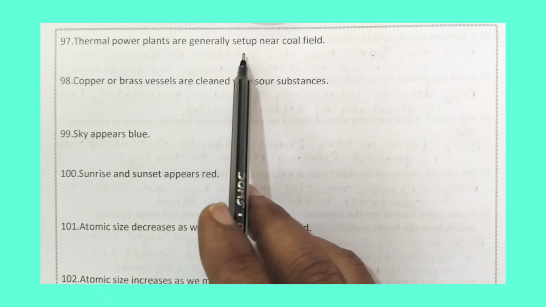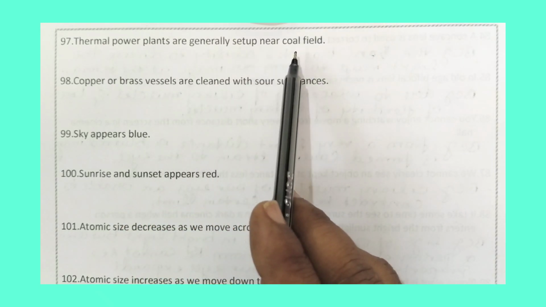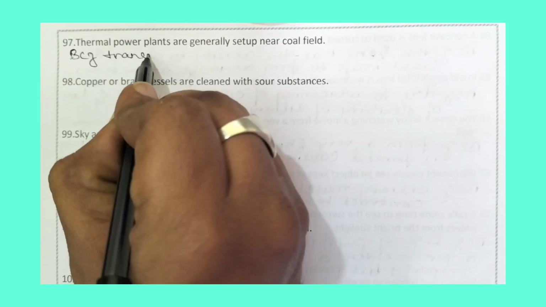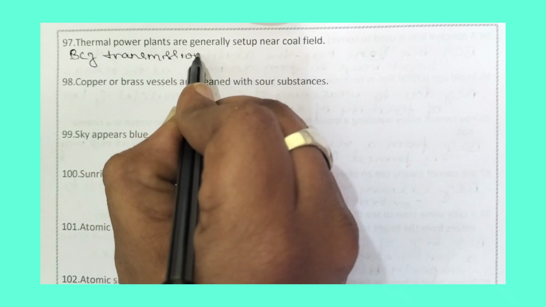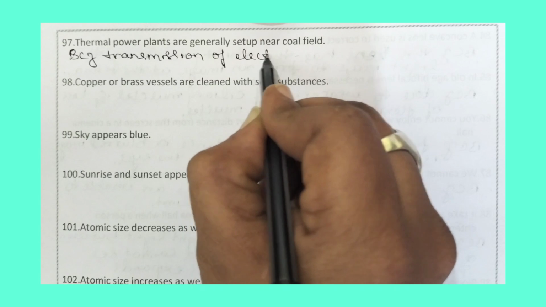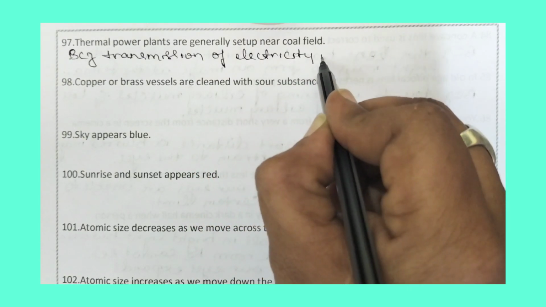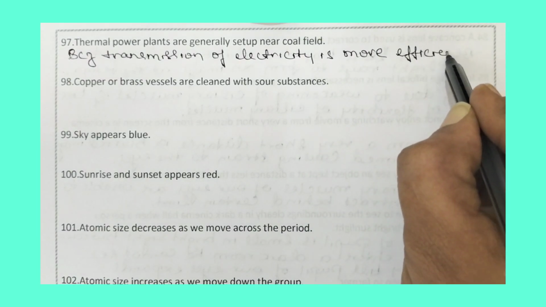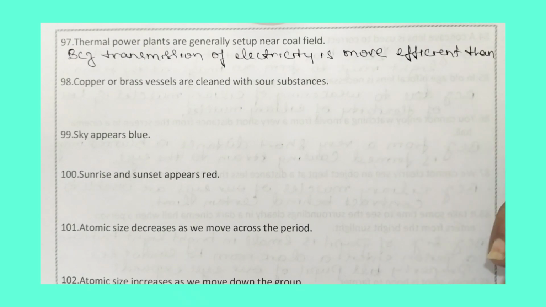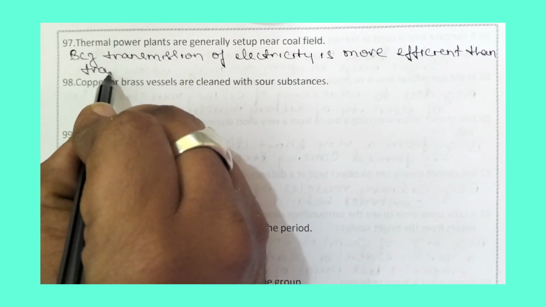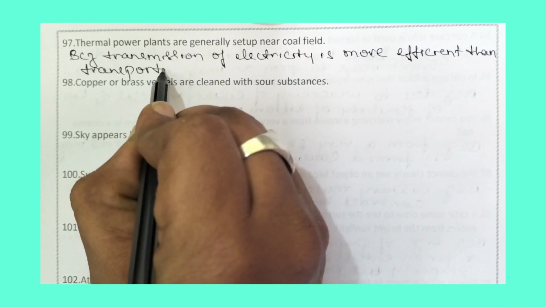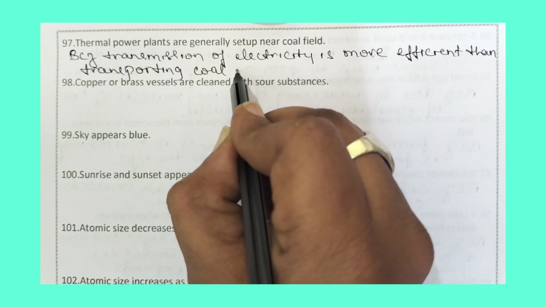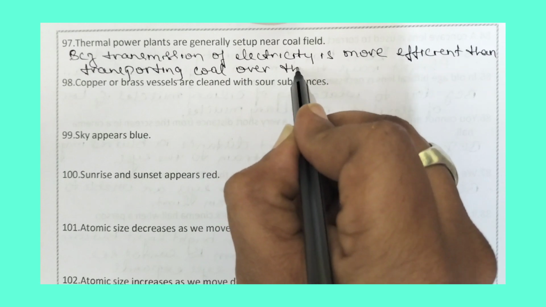Thermal power plants are generally set up near coal field because transmission of electricity is more efficient than transporting coal over the same distance.